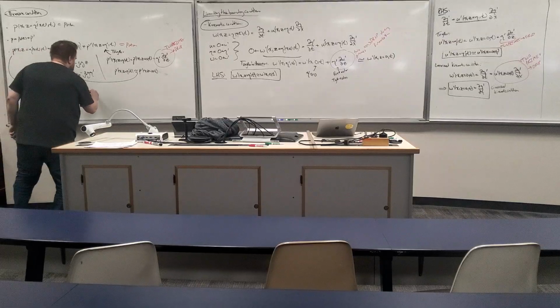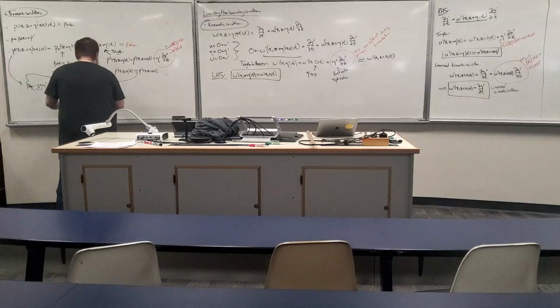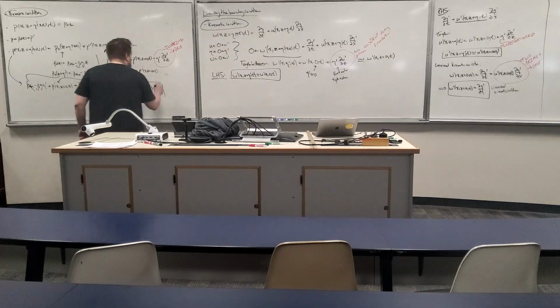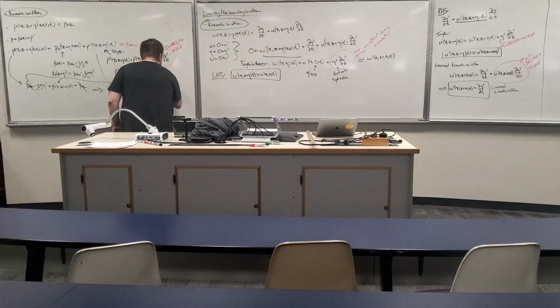Rearranging, we get P prime of x, z equals 0 and t equals rho naught g eta prime of x and t. And this is our linearized surface pressure condition.